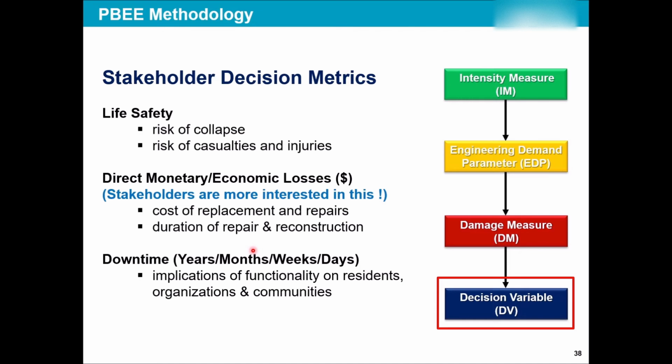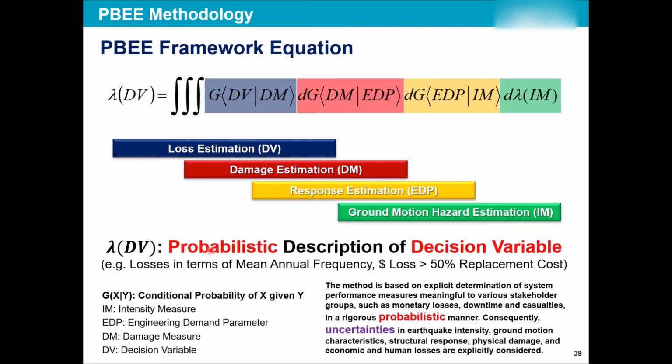Because everything is in probability, then your losses will be in terms of probability as well. So your client will see which losses are the highest probability, and if that is acceptable, perfect. If it's not acceptable, you as the engineer have to go back and do the design.